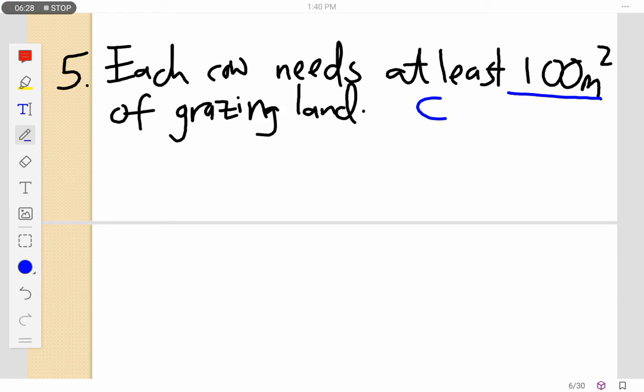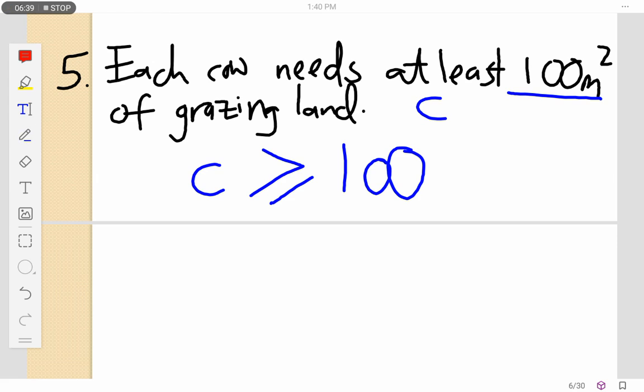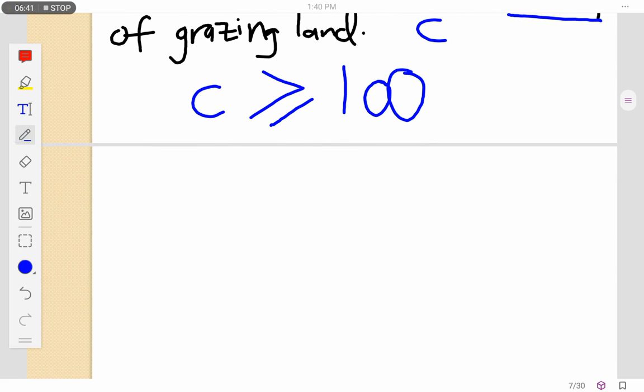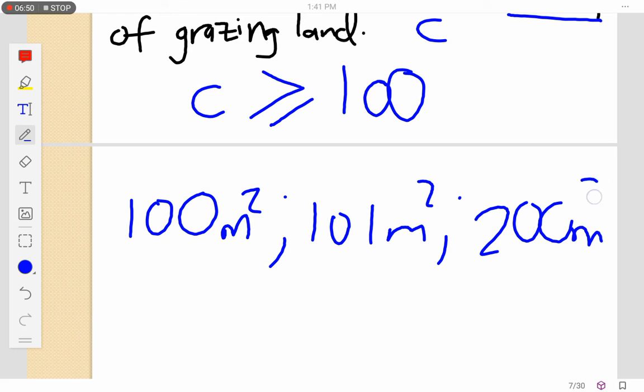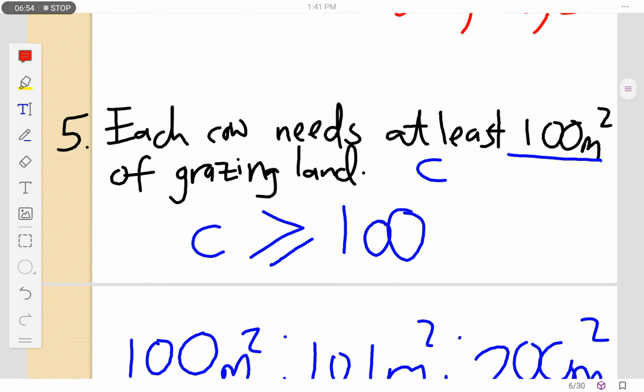So our C is going to be greater or equal to 100 meters squared. Meaning to say our C, the grazing land, is 100 m squared, or 101 m squared, 200 m squared, and so on. So that's how we use these signs in inequalities.